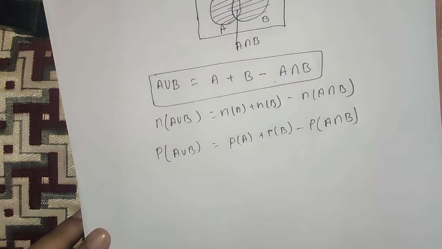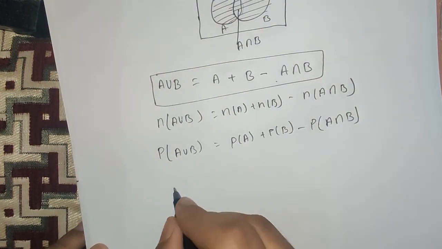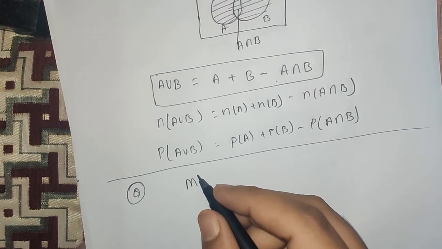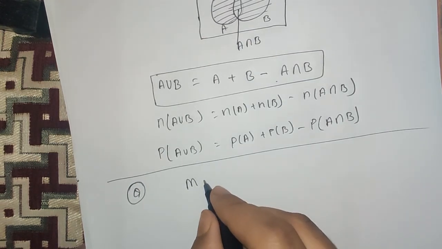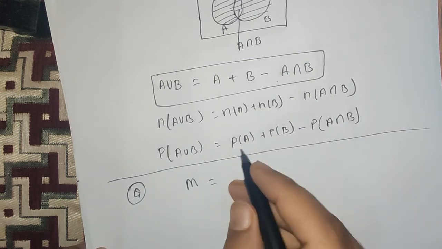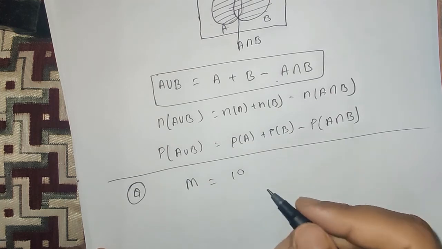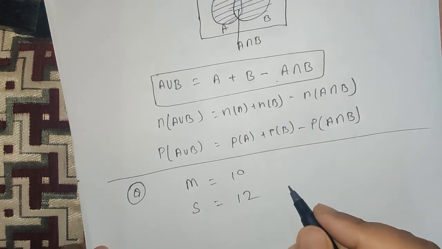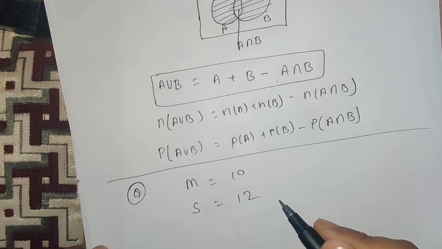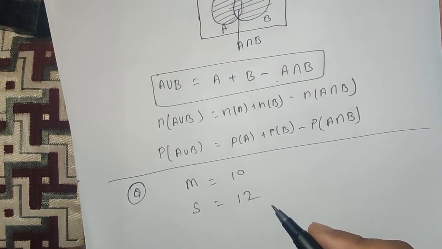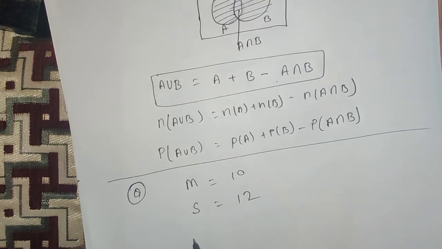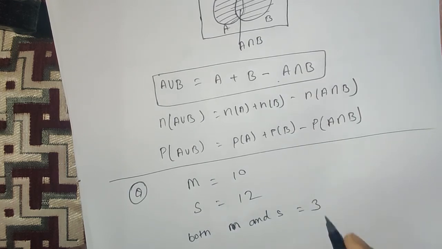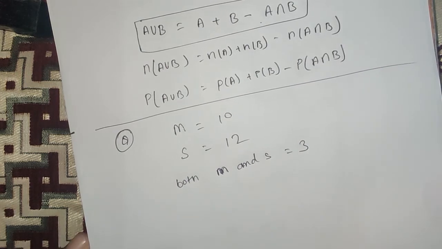Suppose in a school, this will be our first question on algebraic operations on events. The total number of students who study math is 10 and the total number of students who study science is 12, and the number of students who study both math and science is 3.